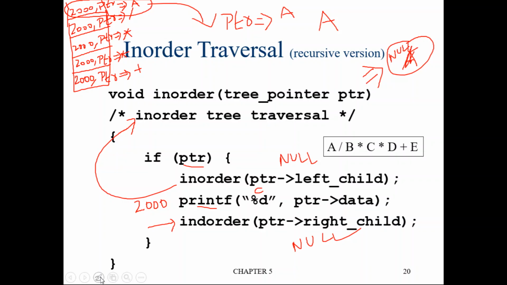So now you are going to call inorder ptr arrow right child with null. Where should the control return now? This is the last statement of this instruction, and it is inside an if condition.